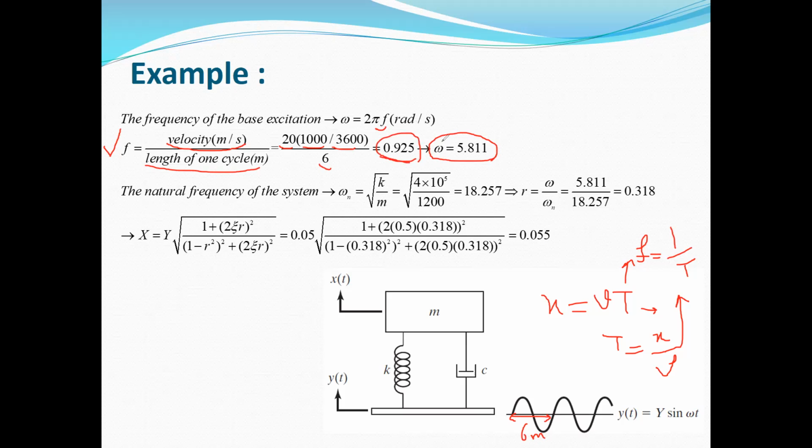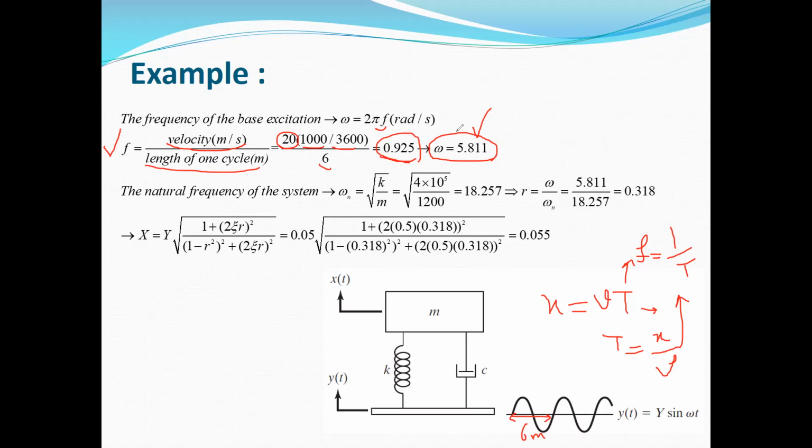So you can see this is the frequency of the base excitation. And by changing this velocity, you can change the frequency of the excitation. I mean, if you increase your velocity when you are driving your car, in fact, you are increasing this omega, you are increasing this frequency of the base excitation.